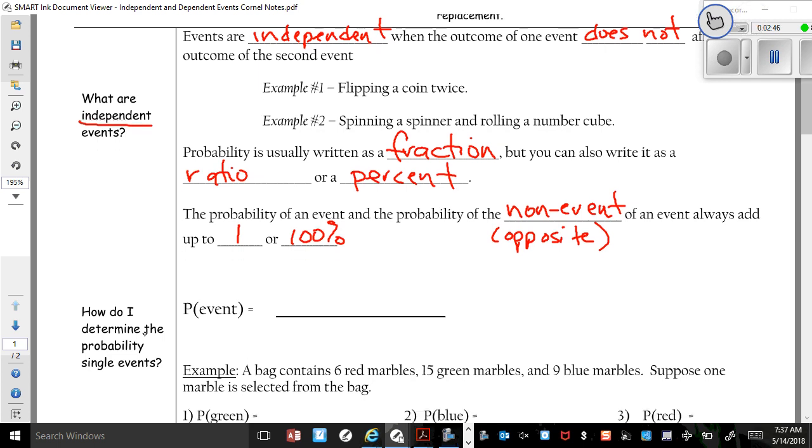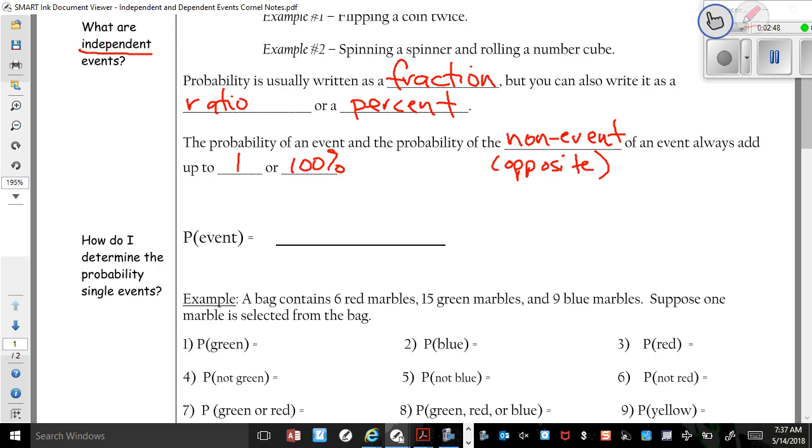A lot of times you're going to see the probability, this right here, that means probability. So that's the kind of question they're asking. You'll just see the capital letter P, and then in parentheses you'll see like 2 on a number cube, and they just want to know what's the probability of rolling a 2. The event is what's going to happen, or not happen.